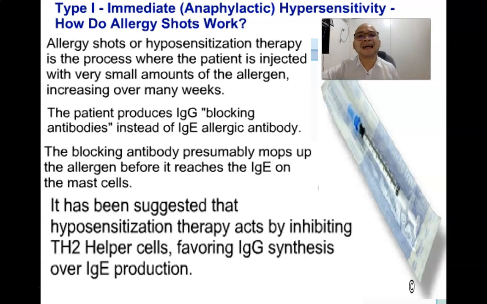But because of the IgG blocking antibody, this particular technique, the hyposensitization therapy, will prevent Th2 from producing IgE. It will favor IgG synthesis instead. If in case IgE is produced, the blocking antibody will also target the allergen so that it will not reach mast cells that already contain IgE.